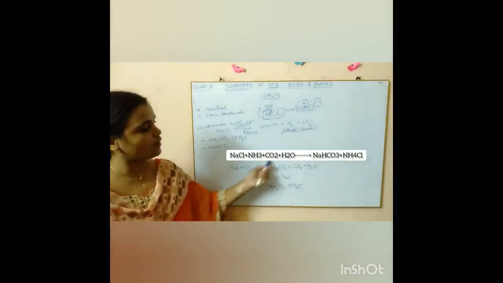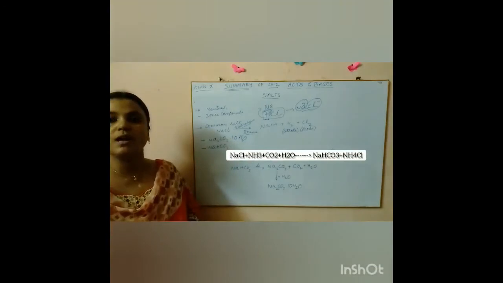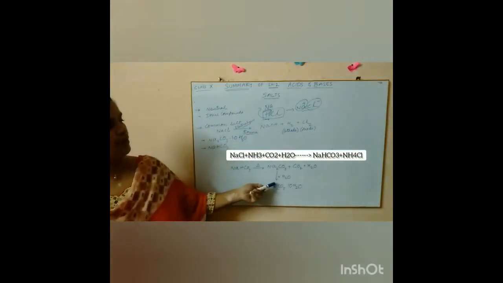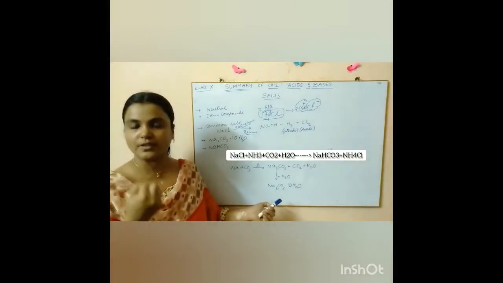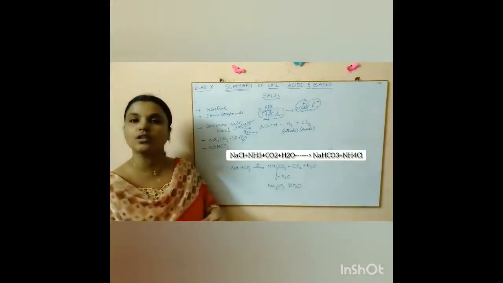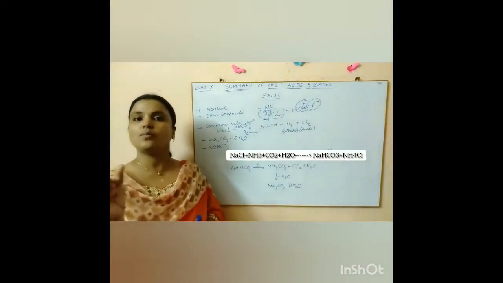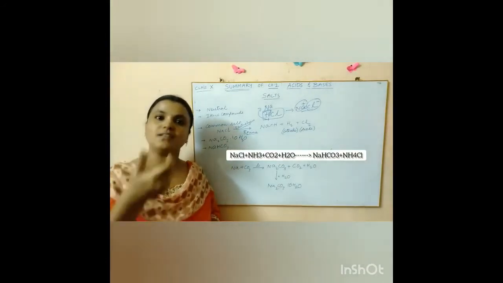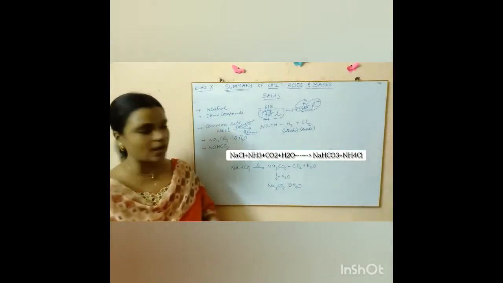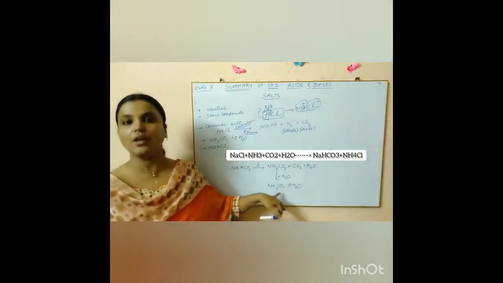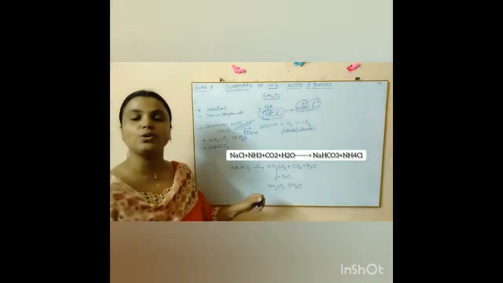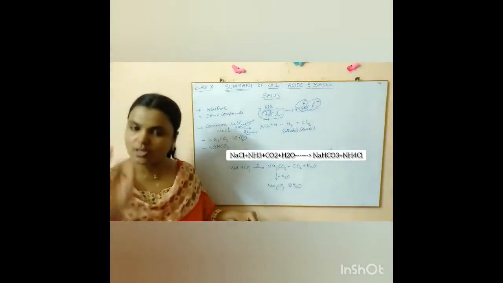One more substance that is formed is sodium carbonate. When this sodium carbonate is dissolved in water, it takes up water of crystallization. We call this water of crystallization because these water molecules are present in the structure of the crystal. So they form crystals of sodium carbonate. I told you that if it is only Na2CO3, then we call it sodium carbonate only.